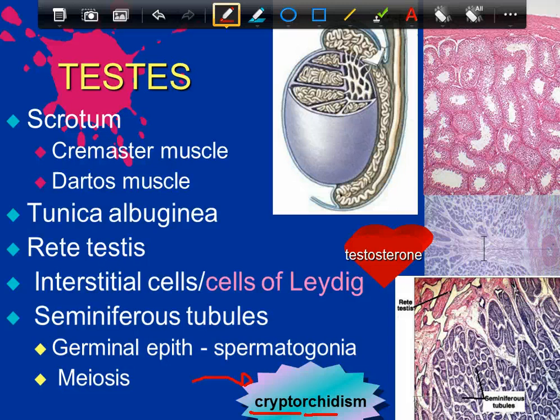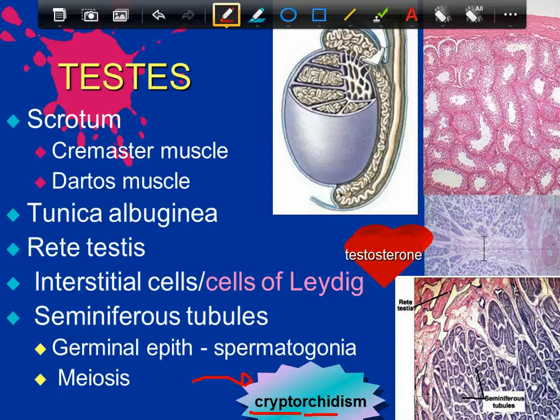The problem here is if they are not descended and they stay inside the body cavity, they will not make sperm efficiently because the testes are outside of the body wall, as I mentioned. It's a few degrees lower temperature out there, and that lower temperature is needed for sperm production.